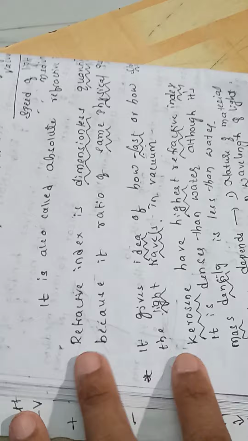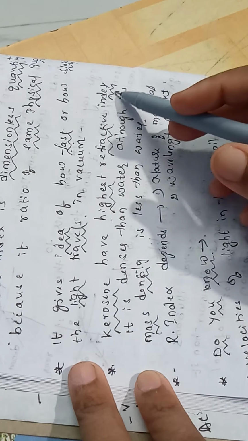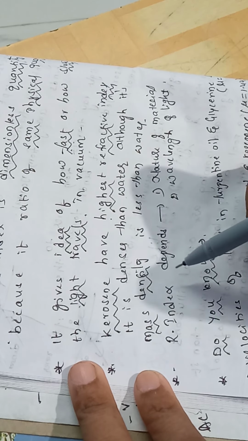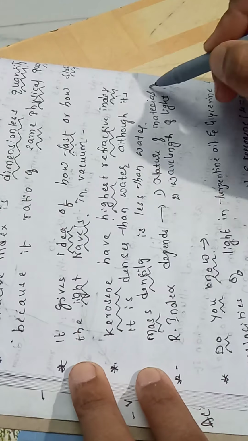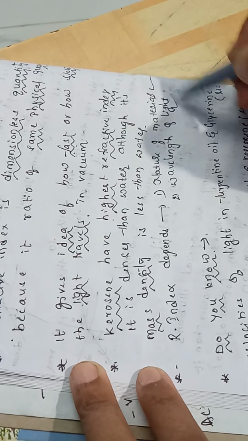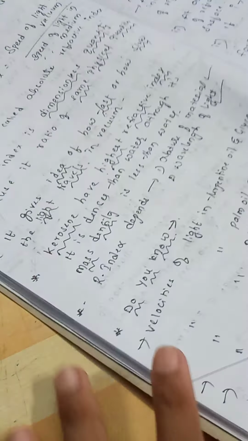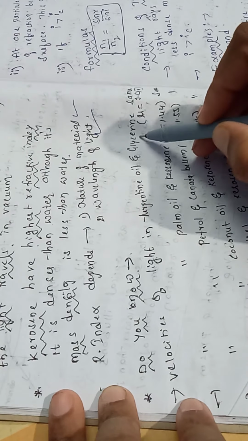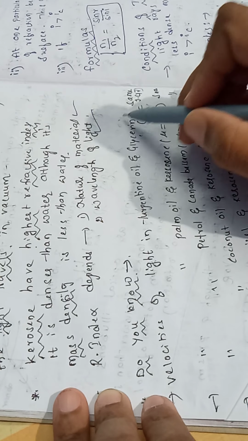Right? Now if we go for some examples, kerosene has a higher refractive index. It is optically denser than water, although its mass density is less than water. Refractive index depends upon the nature of the material and the wavelength of light. Now let us see some examples. The velocity of light in turpentine oil and glycerine will be the same, because the refractive index is 1.47 for both.